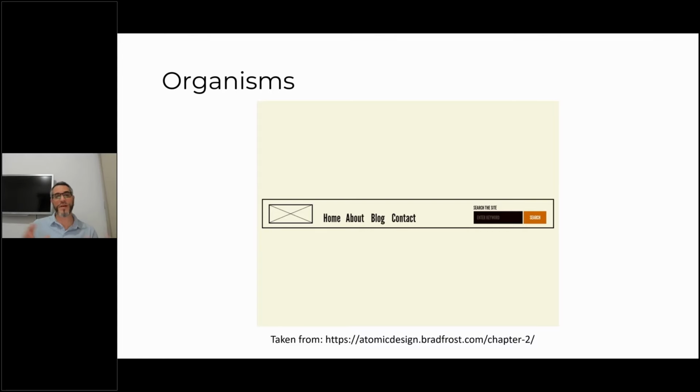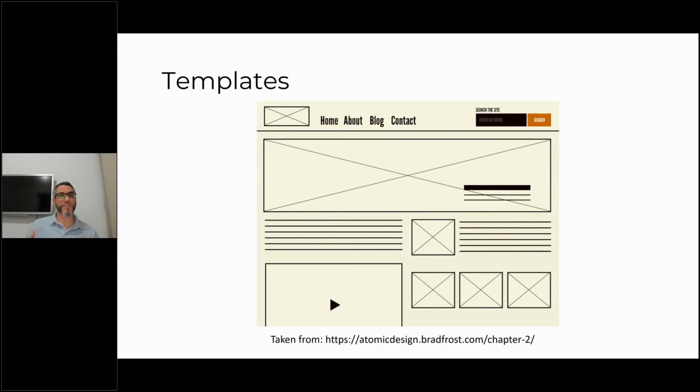Now let's move from chemistry and talk about the 2 other parts of the atomic design. One is templates. A template is just how some area in the screen or the entire page will look like without the content of that page or that area.